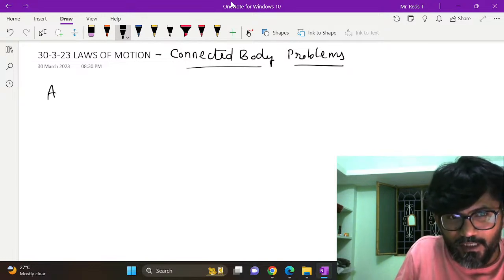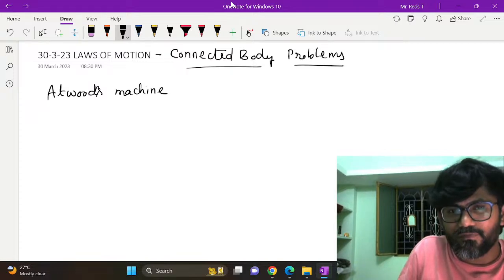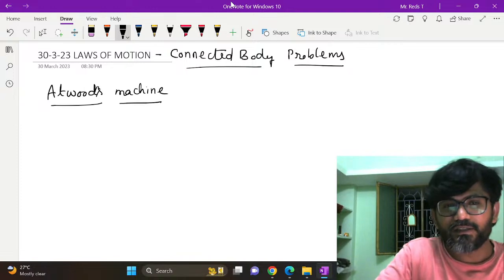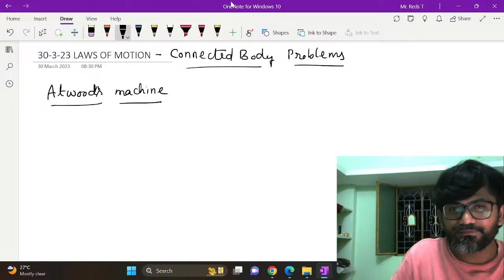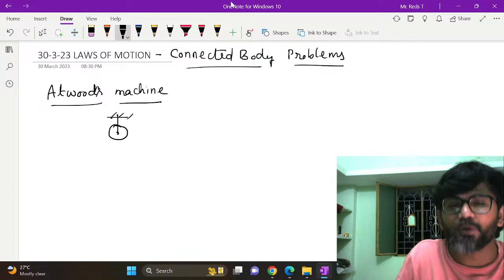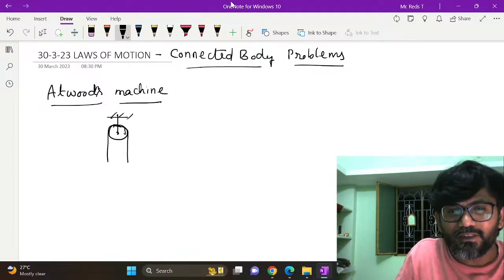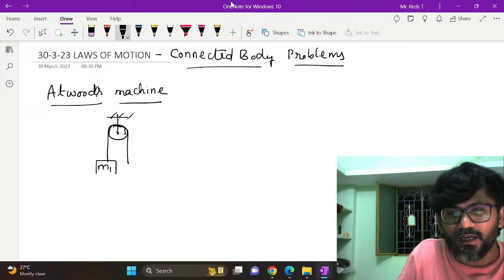Atwood's machine consists of a pulley which will be attached to a rigid support, and passing over the pulley, at both ends, two blocks of masses M1 and M2.